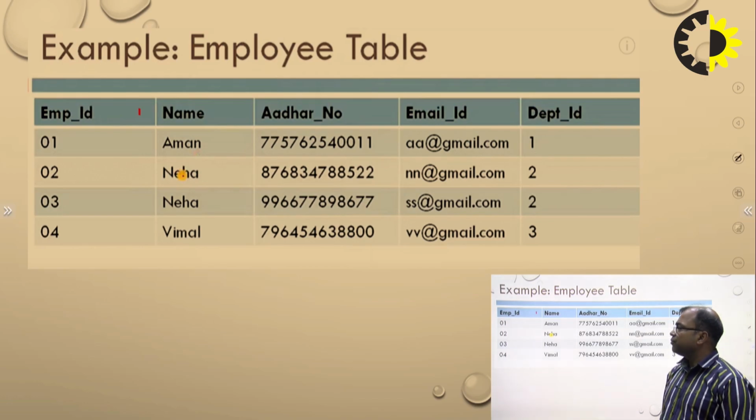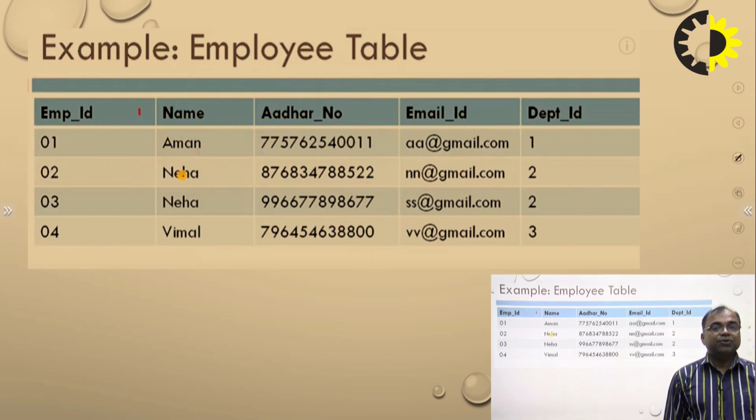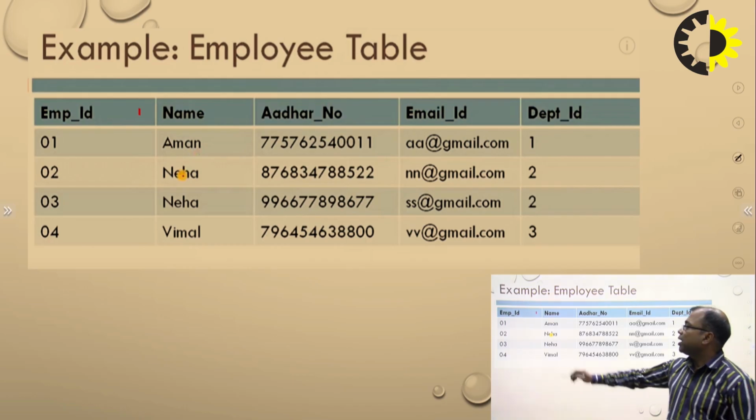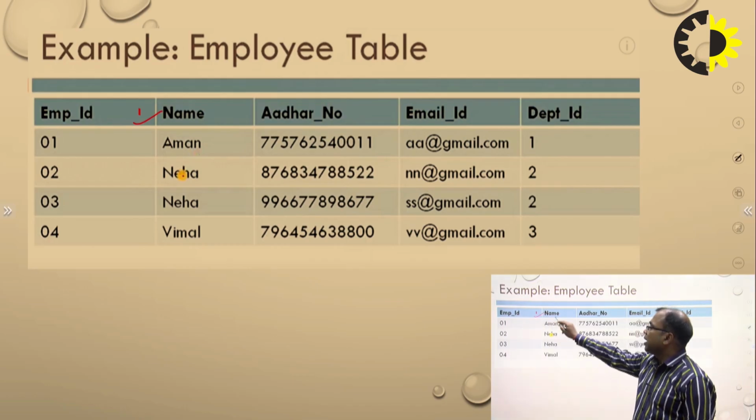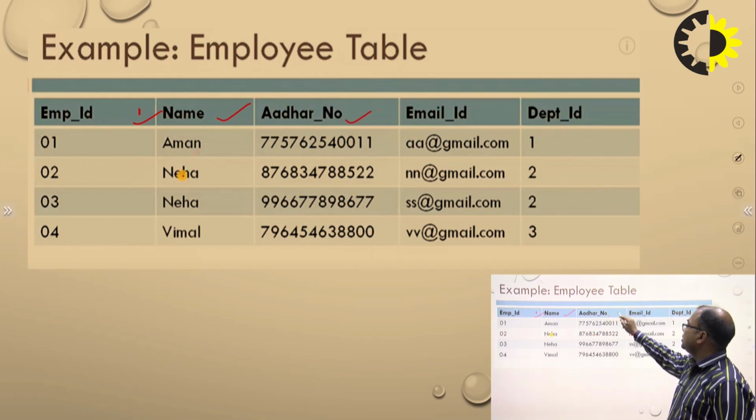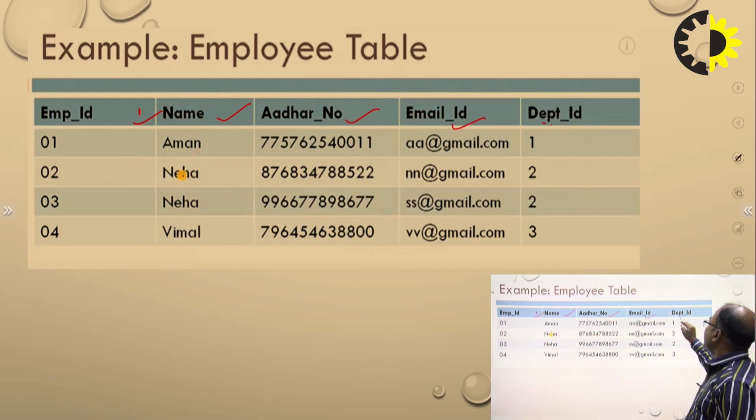This is one of the examples we can see. It is an employee table in which we have attributes like employee ID, employee name, Aadhaar number, email ID and department ID.